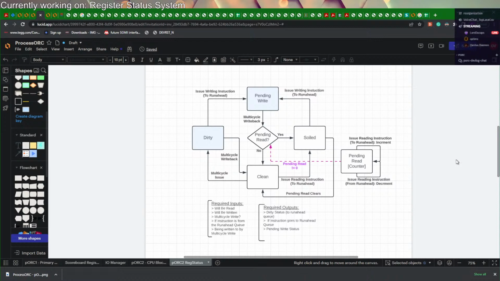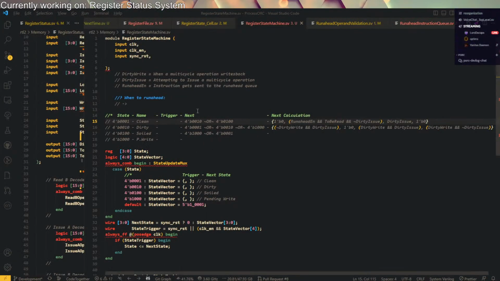So if your operand's dirty and then you try to read from it, you're going to be pushed. I need to go through an instruction sequence real quick, whether or not you try to read a dirty value, just to work through my brain to make sure I didn't overlook some circumstance.